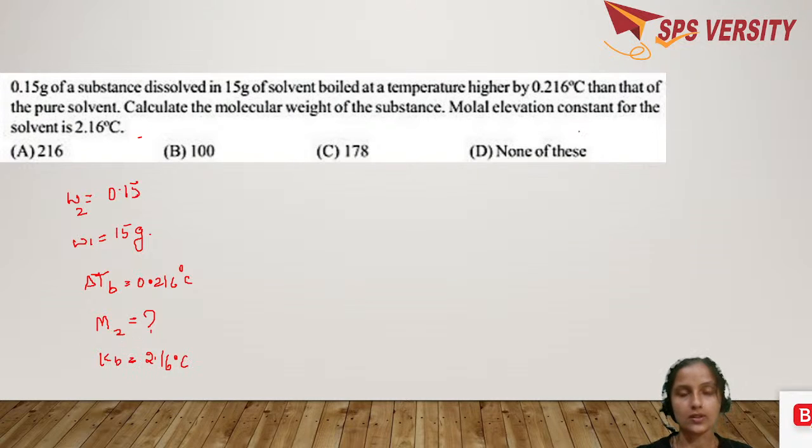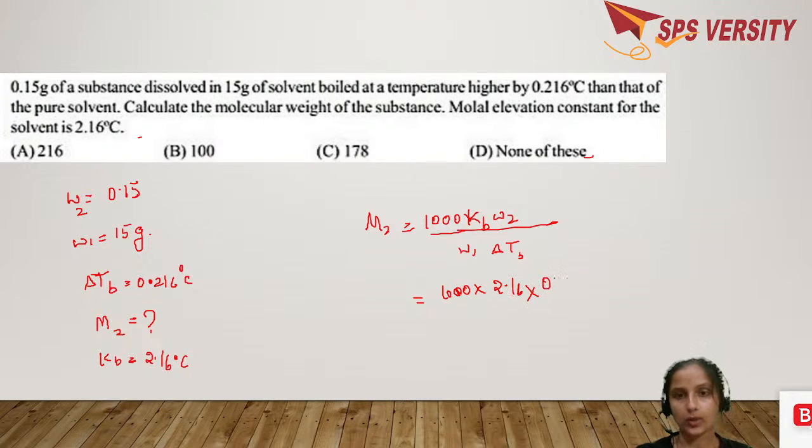So how do you find this? You have M2 is equal to 1000 Kb W2 divided by W1 into delta TB. Apply these values: 1000, Kb is 2.16, W2 is 0.15 divided by W1 is 15 into delta TB is equal to 0.216.